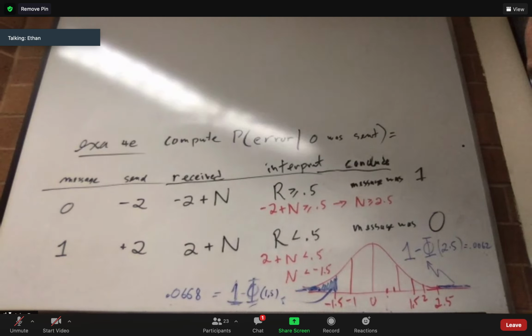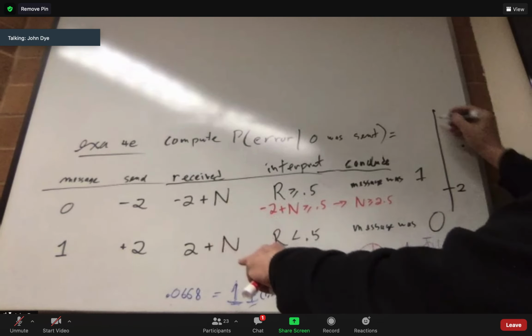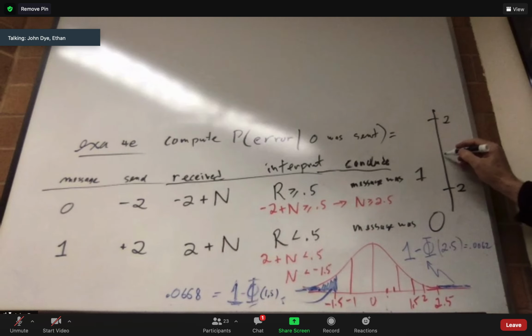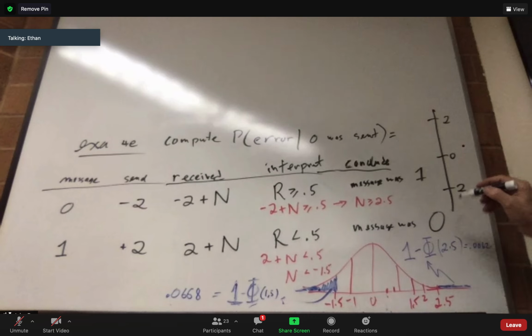That's because our interpretation function is kind of weird. It's not symmetrical, and I don't know why. The message is either 0 or 1, but what's being sent is either -2 or 2.